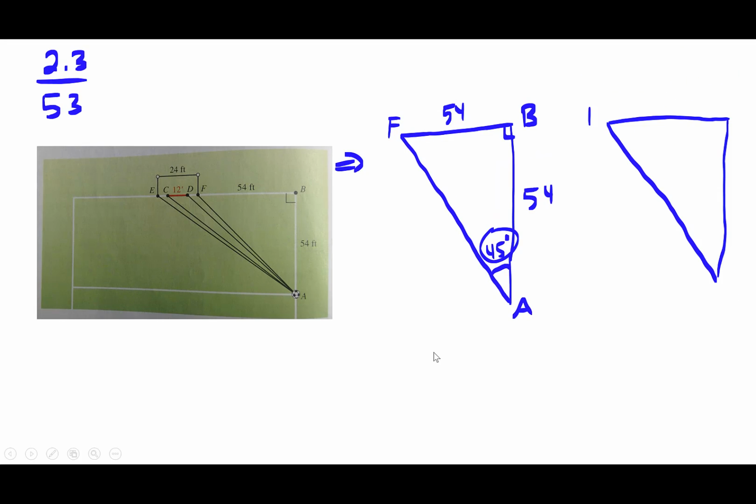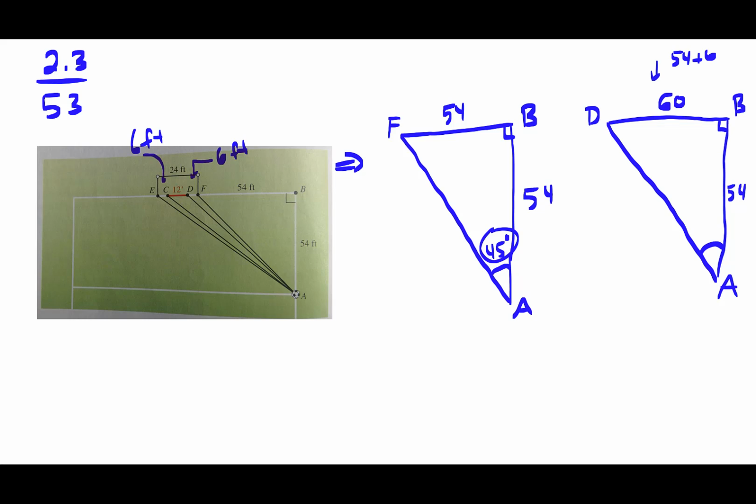So now I got my angle as being DBA, 54 feet. This is 6 feet including the part of the goalie box that I can hit into, plus the remaining side. So 6 feet plus 54 feet should give me 60 feet altogether.